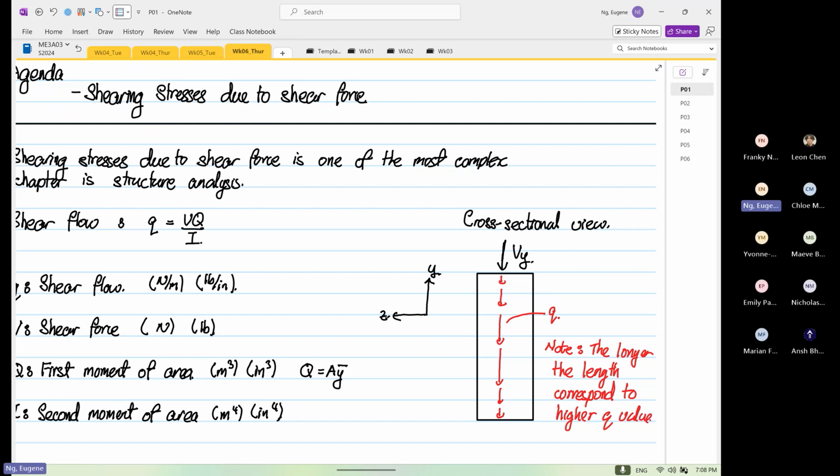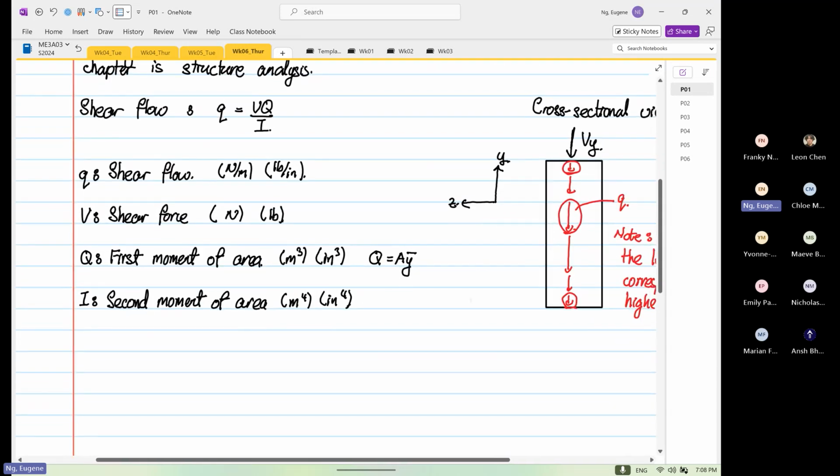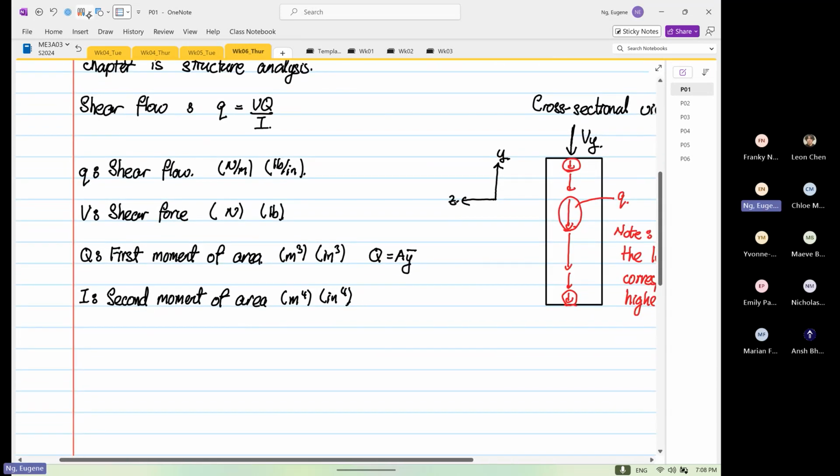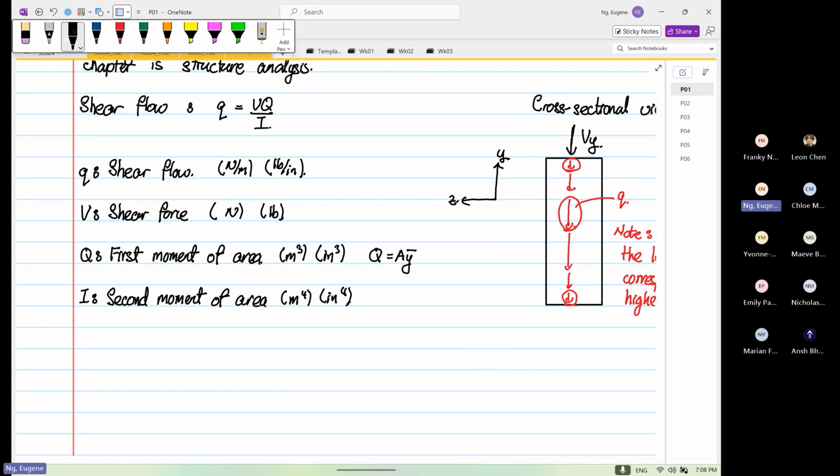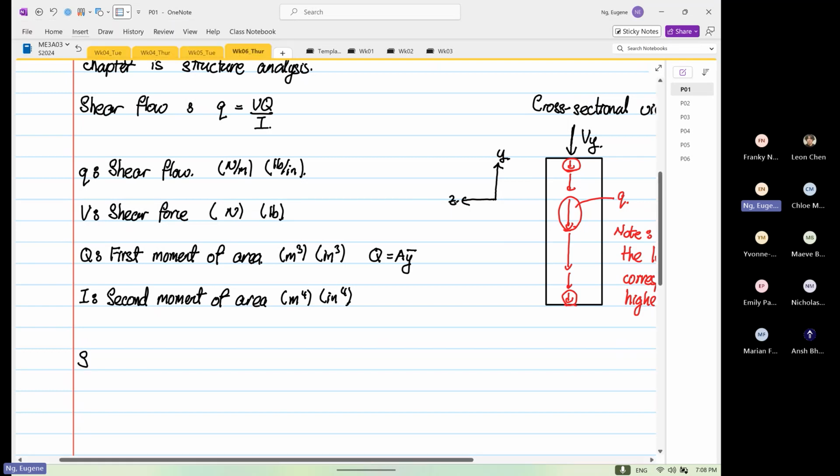So the shear flow q starts out small. When you have a bigger cross-sectional area, it goes bigger and then it reduces in size. That's just an intro for you first. This is what we call shear flow. Then the second formula that this chapter, the shearing stress, will look at is our shear stress.